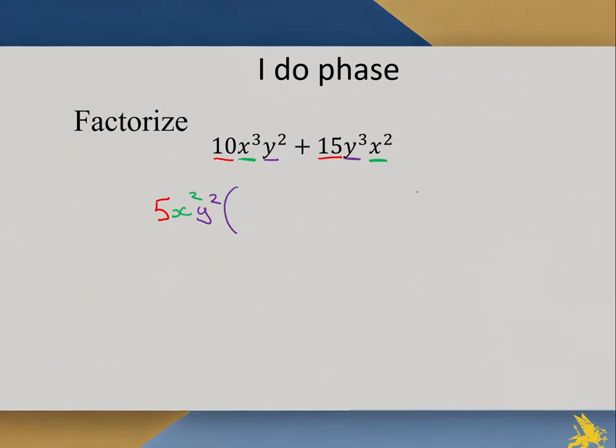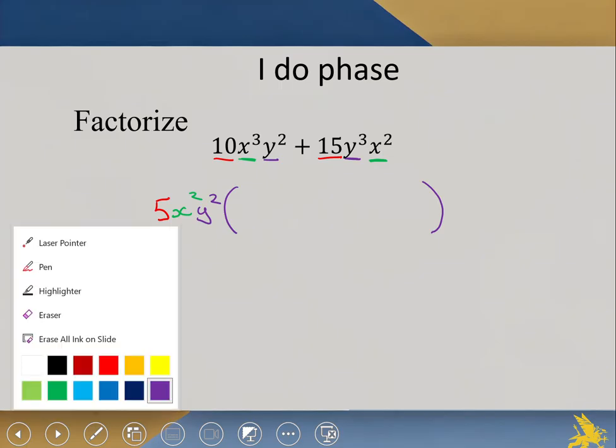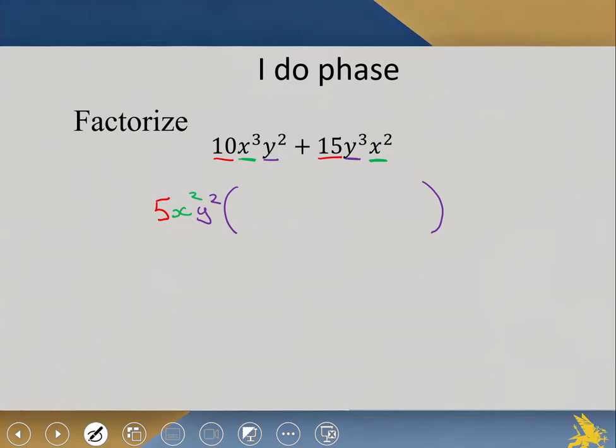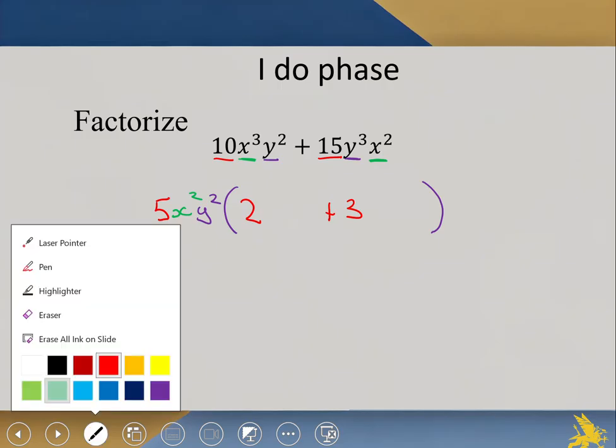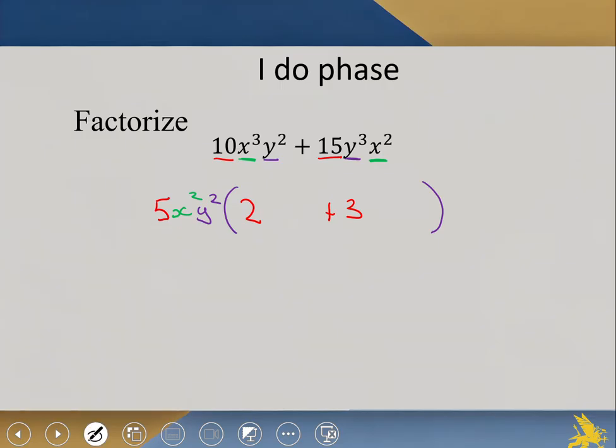If I take that out in the front, I'll then put brackets around and leave a good space to help me out. Then I'll look at the first one. I'm just going to put in my numbers: 5 times what is 10, 5 times 2, 5 times what is 15. Then I look at the x's.